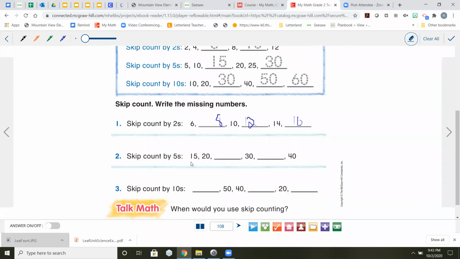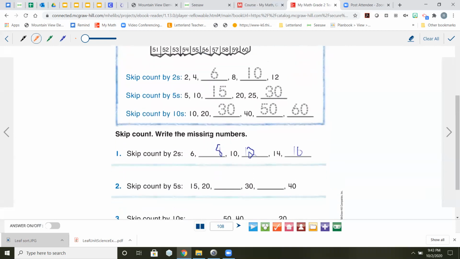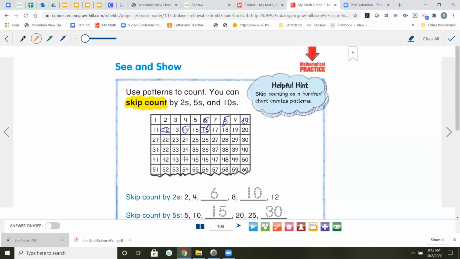Skip count by 5s, and it's telling us to start at 15 and then go to 20. So let me use orange. Well, it doesn't say what's happening, and it's not wanting to choose any of those things up there. So starting at 15.